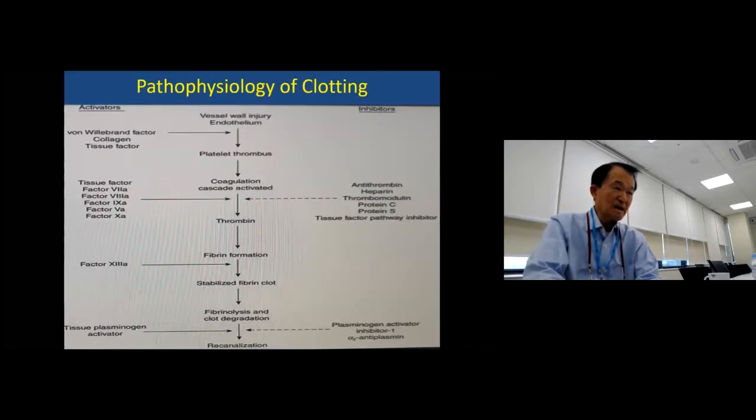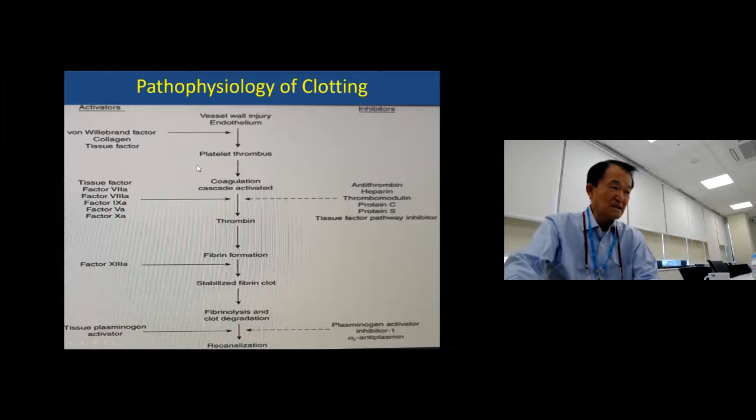So in pathophysiology, initially there is a certain vascular injury, and then lots of factors are involved in the processes, from platelets and thrombin and fibrin to blood clot.